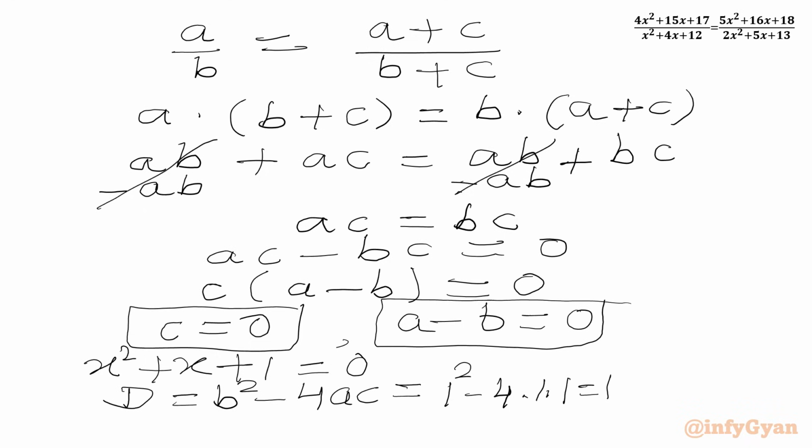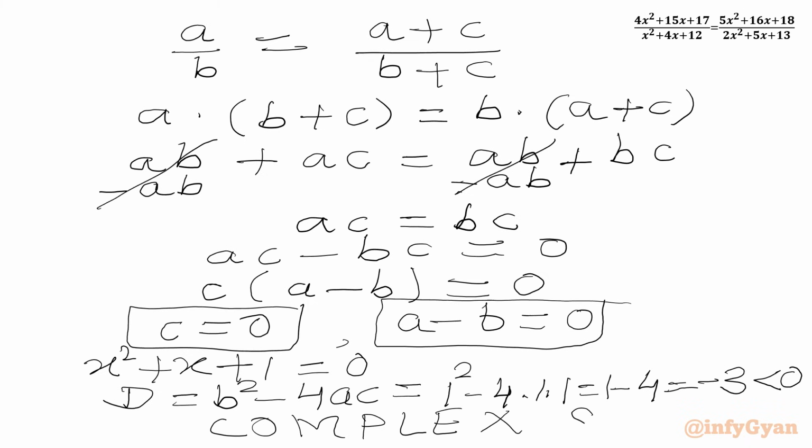Value will be equal to 1 − 4, which is −3. Discriminant is negative. We are going to get complex solutions. So we will reject our equation C = 0.